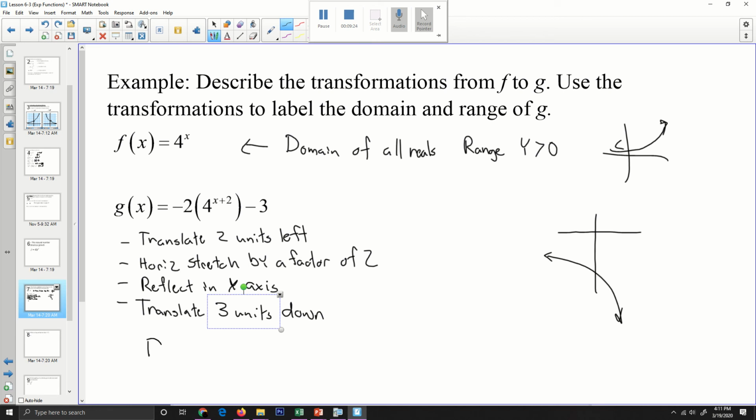So my domain will still be all real numbers. The stretch really doesn't have a whole lot of effect on it. Reflection in the x-axis does, and so I reflect that over and then move it down. So this horizontal asymptote is going to be at -3, and so my range is going to be y is less than -3. And if you need to, you can check that on your graphing calculator.